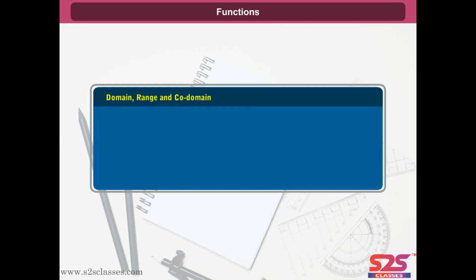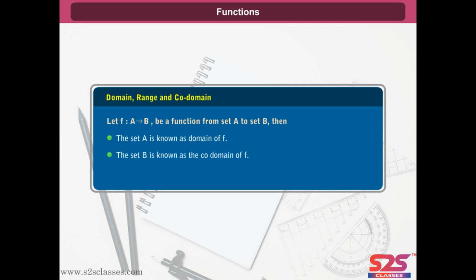Let us now define the domain, range and codomain of a function. Let f from A to B be a function from set A to set B. Then the set A is known as domain of f. The set B is known as the codomain of f.